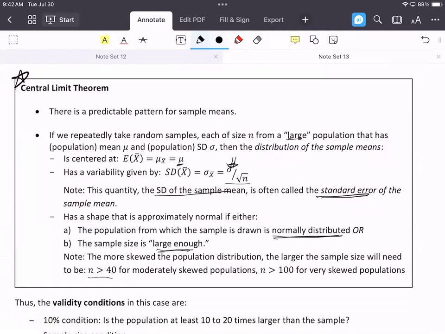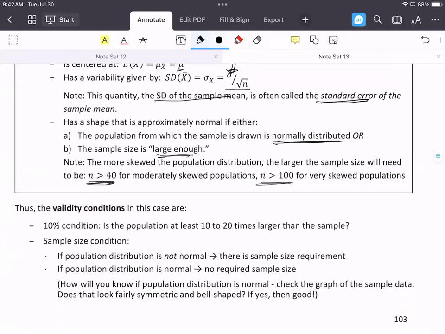As a general rule, we're going to use n has to be at least 40. So if n is more than 40, we can assume that we can use that central limit theorem. If it's very skewed, which I would have to tell you or show you, we would have to use n greater than 100.